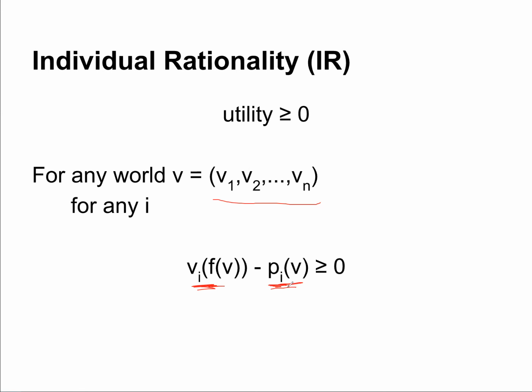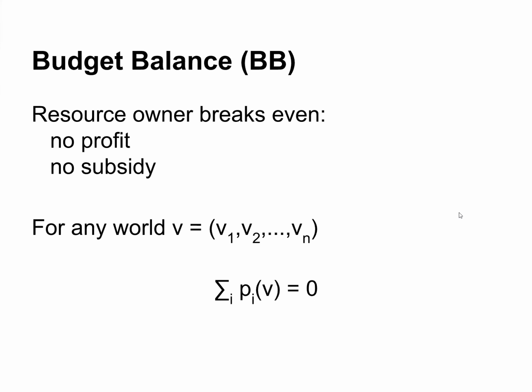We shouldn't ask the users to pay more than what they get, or their total utility should be non-negative. So again, it's just an illustration of how simple things are stated in simple formulas, but of course all this notation takes some time and effort to appreciate and learn. We don't have to do it all the way, but just an example.